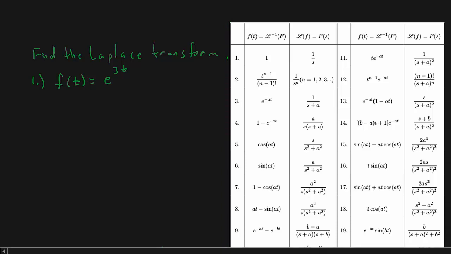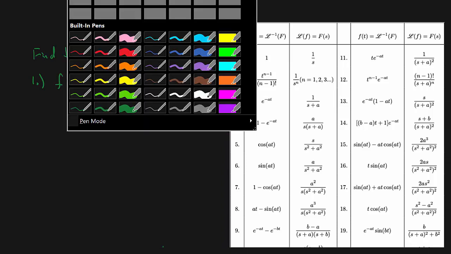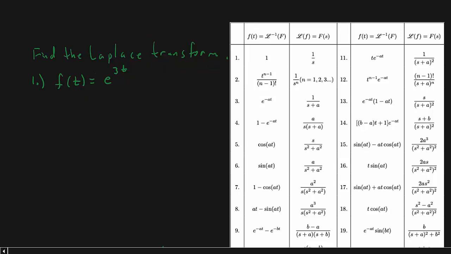But look at this. So if you see this, we've got e to the 3t, which when you look through this table here, you can see that it looks like this one right here.